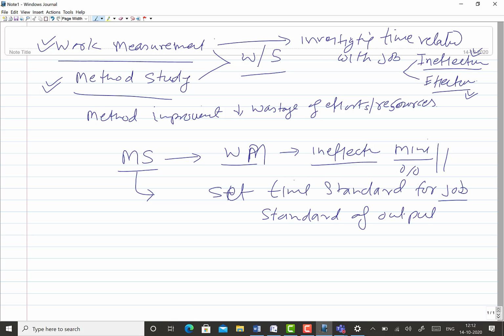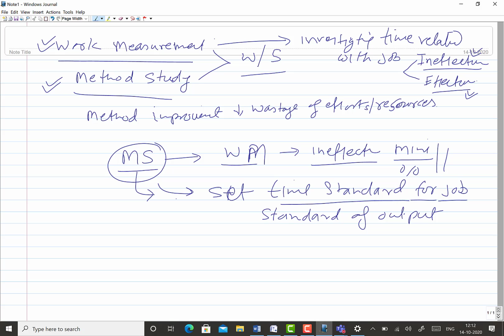Like in unit time, there should be 10 units produced, or 50 units, depending upon the kind of the man, machine, material, or the procedure which is being adopted. So the main objective of the work measurement is to set the standard time or time standard for the job, but this is done when the method is perfect and has been developed through the method study.